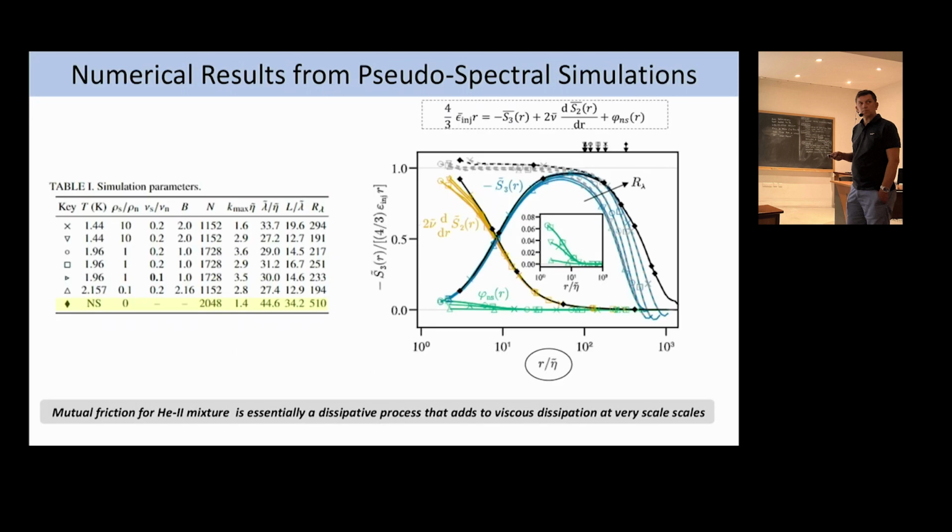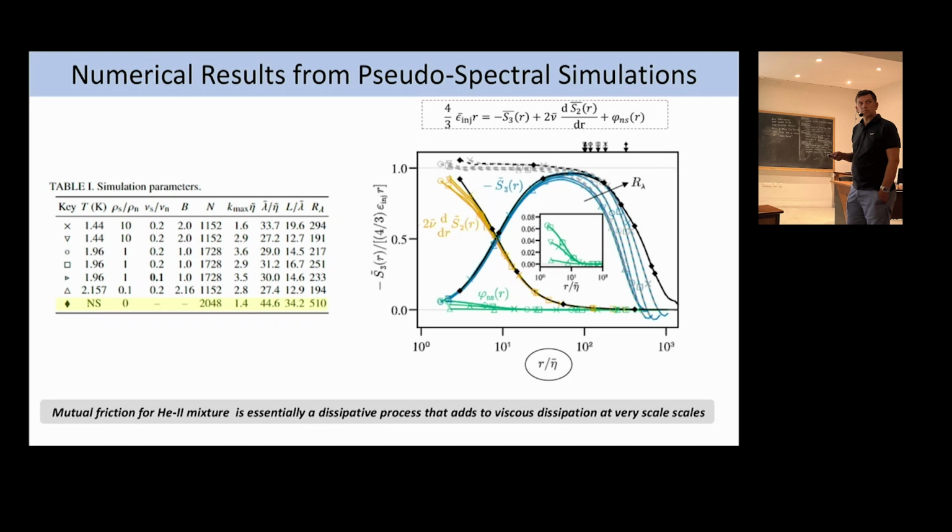And now if you do the simulations and you use these characteristic scales to rescale the scales, so we do simulations at different temperatures, and we plot essentially the energy budget as a function of the scale, normalized by the new Kolmogorov scale.